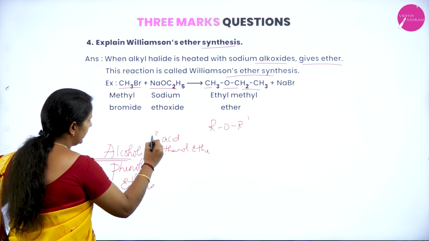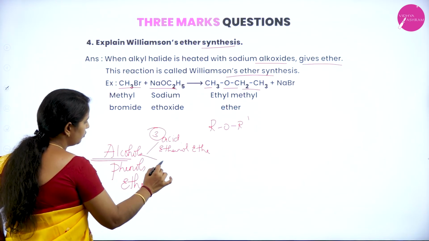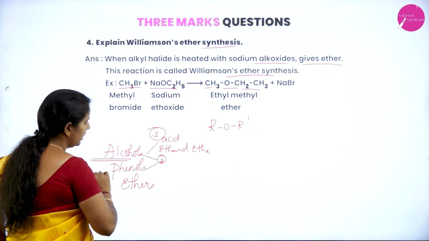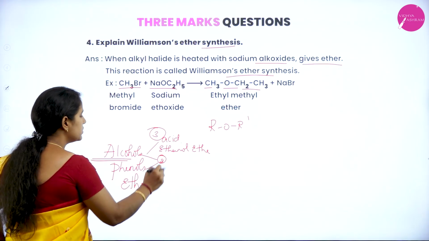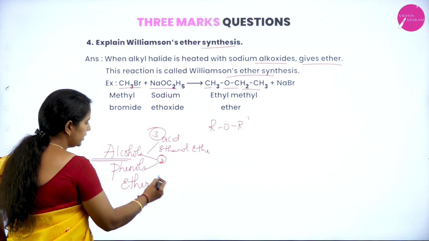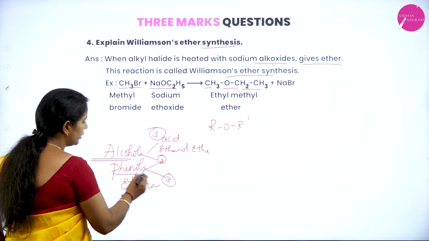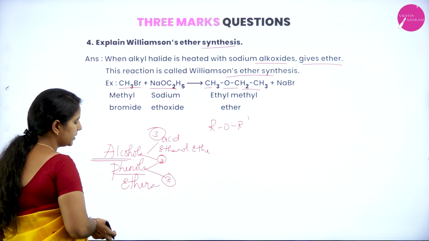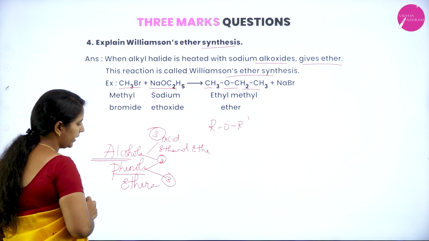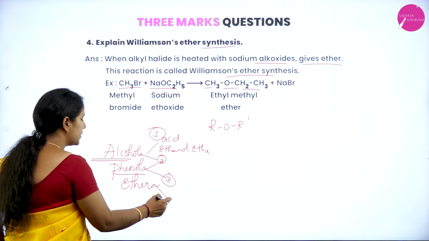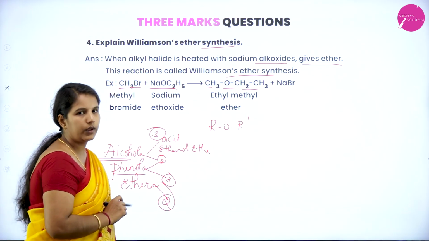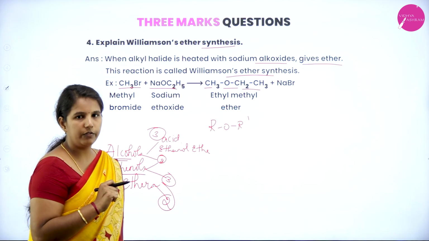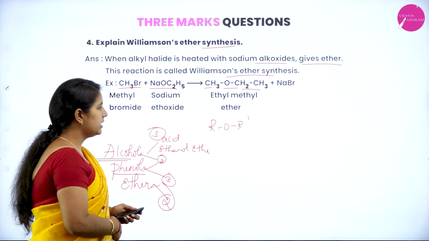Maybe it will carry 3 marks. For 2 marks, they can ask about phenol. Sometimes, they can also ask about ether. If 3 marks are asked on phenol by asking the Reimer-Tiemann reaction or the Kolbe reaction, 2 marks can be expected from ethers. Like this, the question will be framed by the university board.